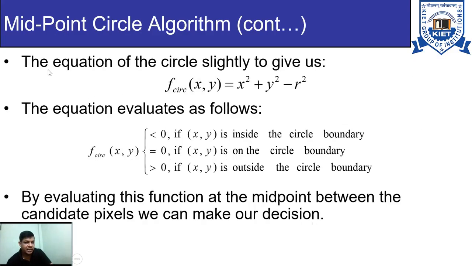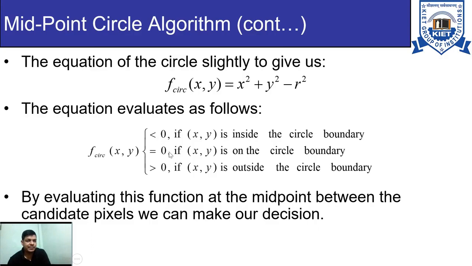Again, we know that the equation of the circle can be represented as a function f circle of x comma y equals x square plus y square minus r square. From the property of the circle, if we choose any point inside the circle and substitute it in this equation, the value of f circle is less than 0.